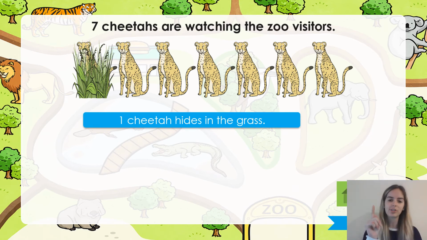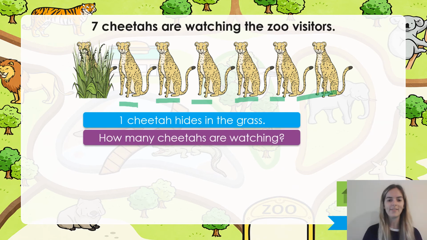And then we needed to cross 1 out. How many do we have left? Let's count them. 1, 2, 3, 4, 5, and 6. We have 6 cheetahs still watching the zoo visitors.